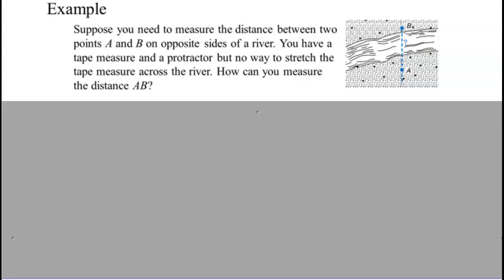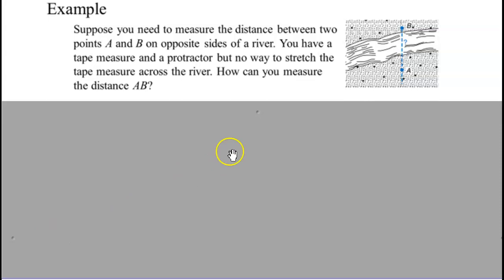Okay, so this is a bit of a logic problem. So we're going to walk through the steps of what they are saying to do. Imagine it's the perspective of the person who's actually doing the measurement. You've got a tape measure and a protractor, but you can't get the tape measure across the river.